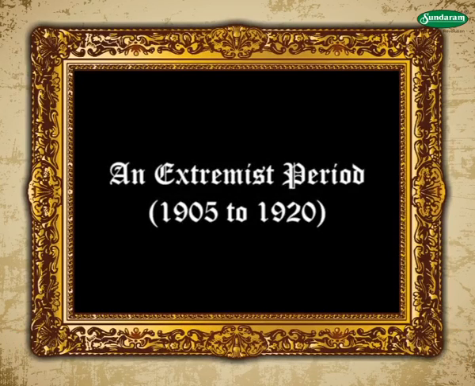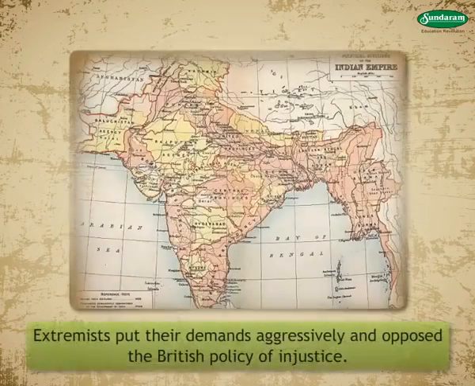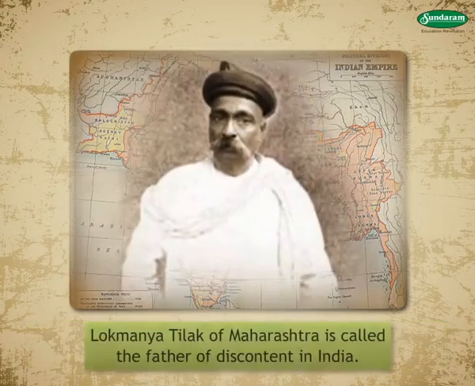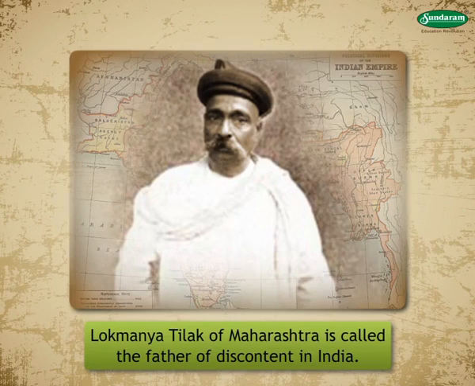The Extremist Period, 1905 to 1920. Extremists put their demands aggressively and opposed the British policy of injustice. Lokmanya Tilak of Maharashtra is called the father of discontent in India.